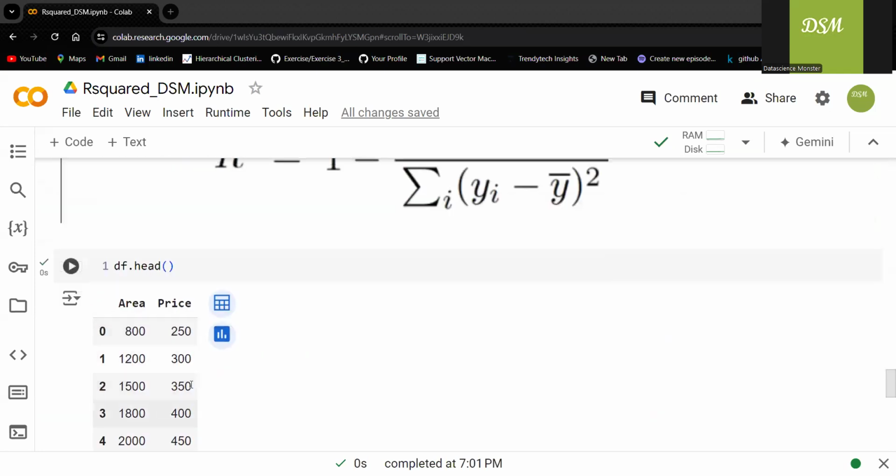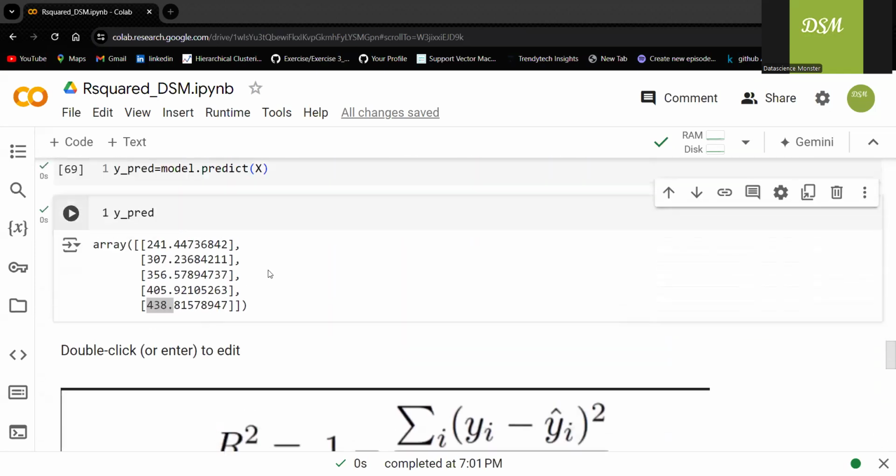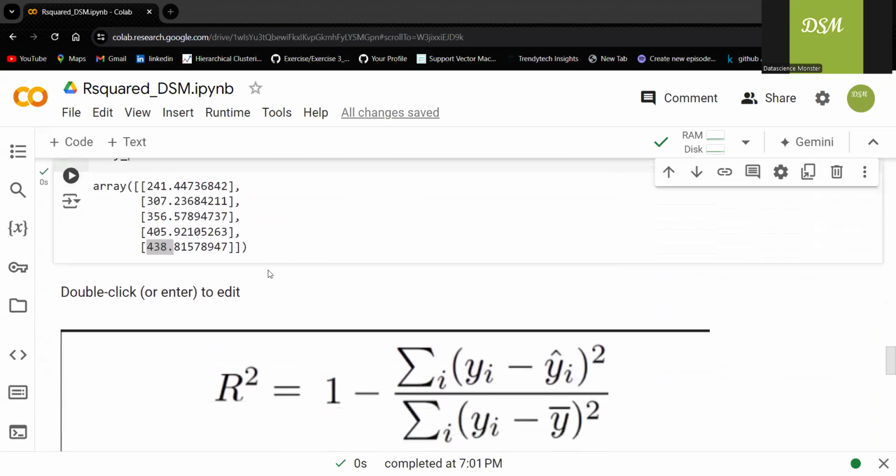So this is the actual value of y, and this is the predicted value of y. So let us now try to compute the numerator, right? Y minus y hat the whole square. So what is the actual value of y? 250 minus this one, right? 241.4473, right?